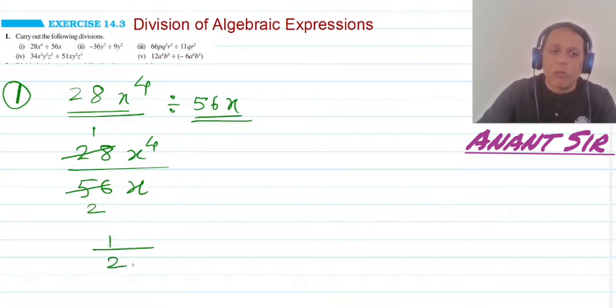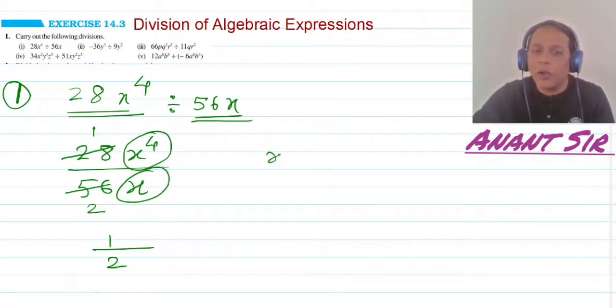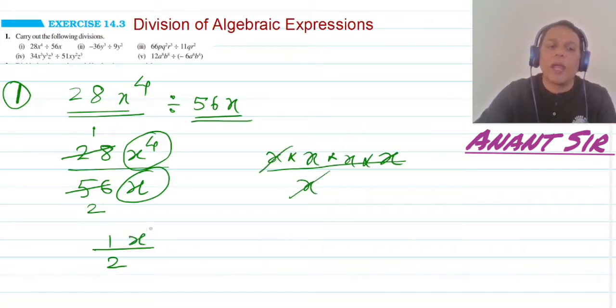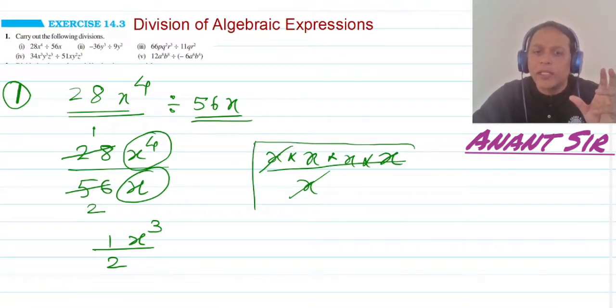Now what about x? There are 4 x's in the numerator and only 1 in the denominator. If you write x into x into x into x, 4 times, and only 1x in the denominator, then 1x will get cancelled and you will have 3 x's in the numerator. So you can write the answer as 1 by 2 x cube. You don't have to write x into x into x all the time.